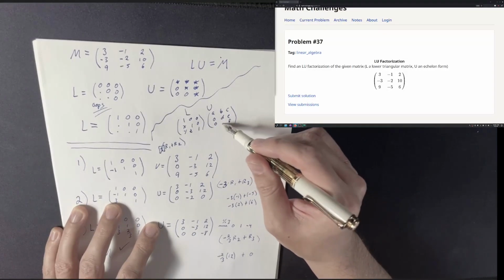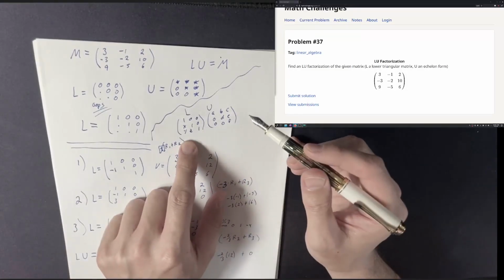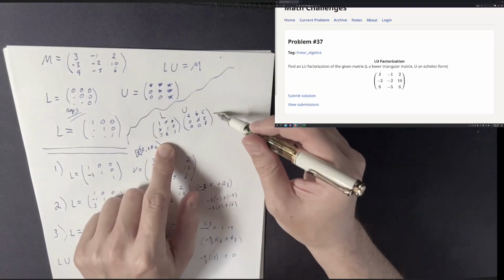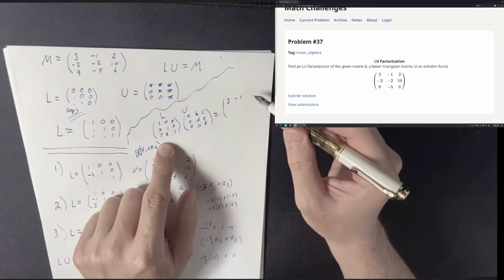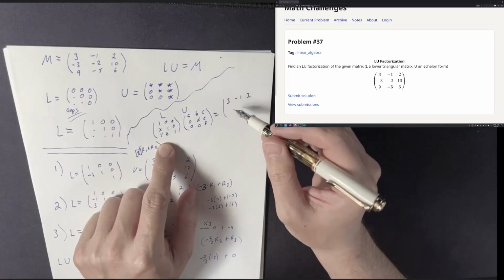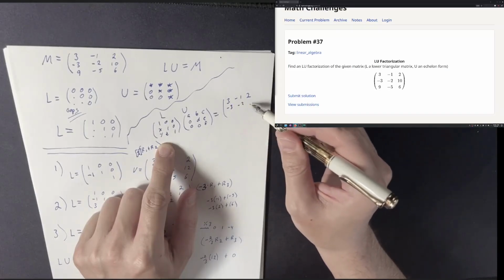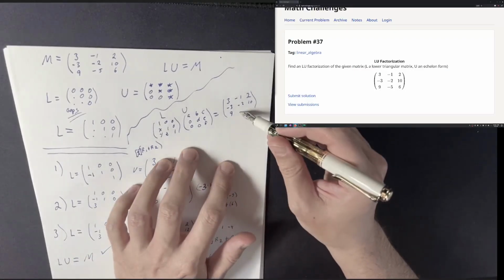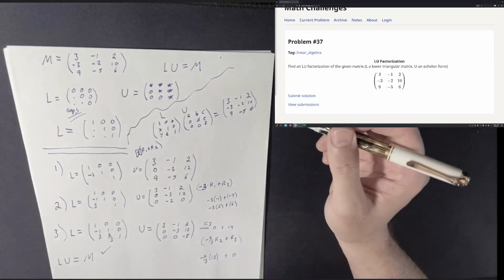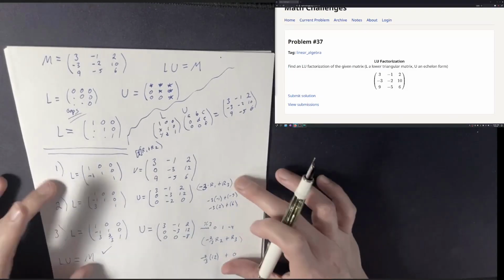But these are zeros. Multiply them out and just set them equal to M, whatever your M is. There's nothing wrong with this. It's just not very fast. What I did was obviously faster. And there are other techniques as well. This isn't the only way to do it.